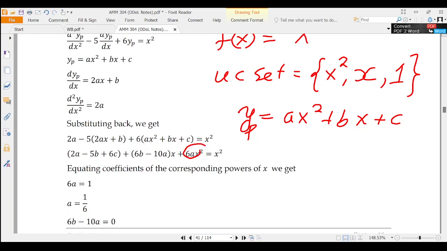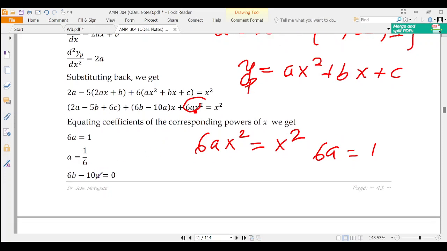Once we simplify, we can equate the coefficients of the corresponding powers of x. Starting with x squared, on this side we have 6a x squared, which must equal x squared. So 6a must equal 1, and therefore a is 1 over 6. For x power 1, we have this term, and the other side we don't have one, meaning the coefficient must be 0.